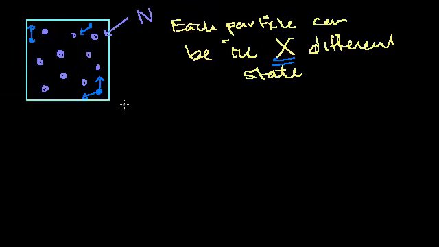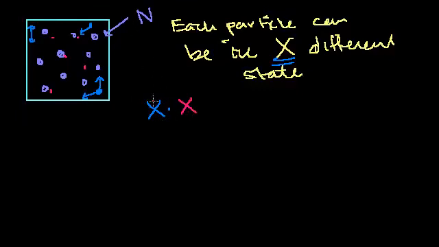Now, if each of them can be in x different states, how many total configurations are there for the system as a whole? Well, particle A could be in x different states. And then particle B could be in x different places, so times x. If we just had two particles, then you would multiply all the different places where the blue particle could be times all the different places where the red particle could be, and then you'd get all the different configurations for the system.